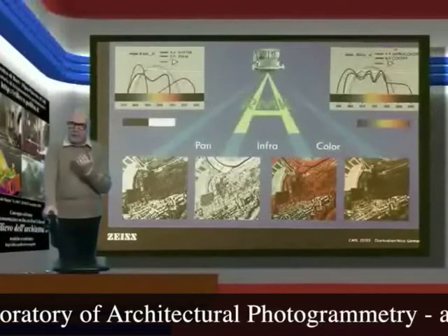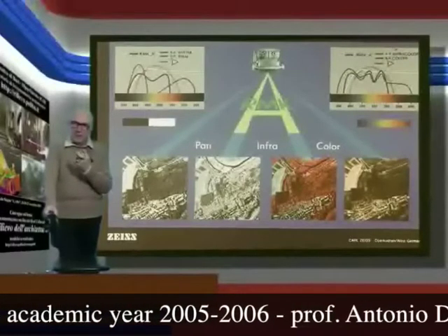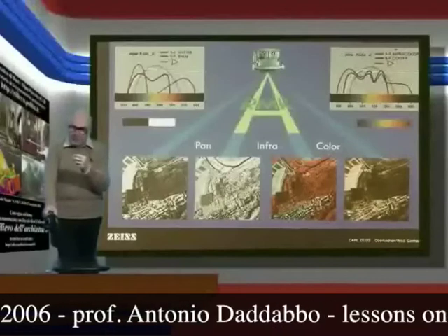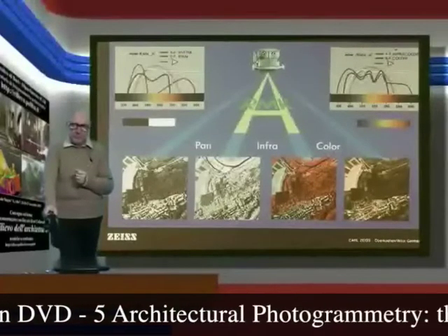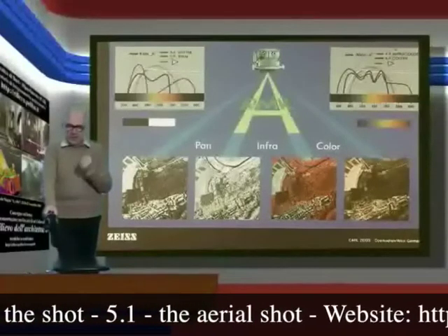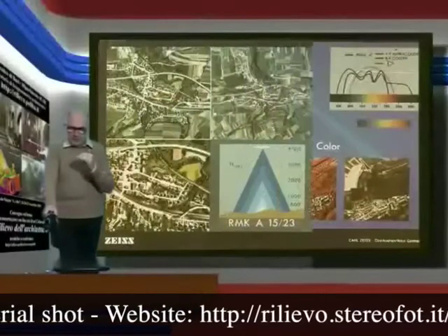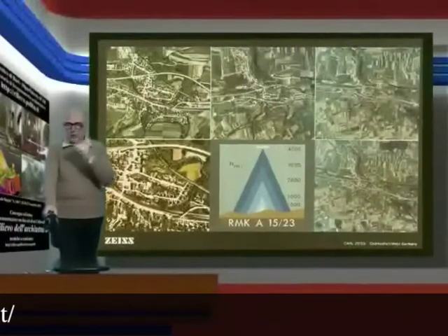Even when you only need the survey with contour lines, those who shoot use not only black and white material, but black and white material with low sensitivity, for greater contrast and more sharpness in the images.